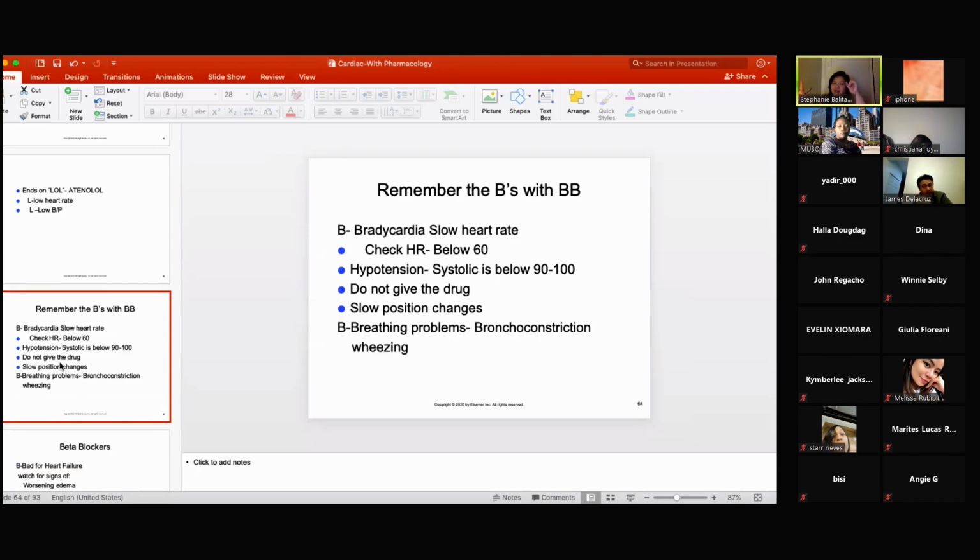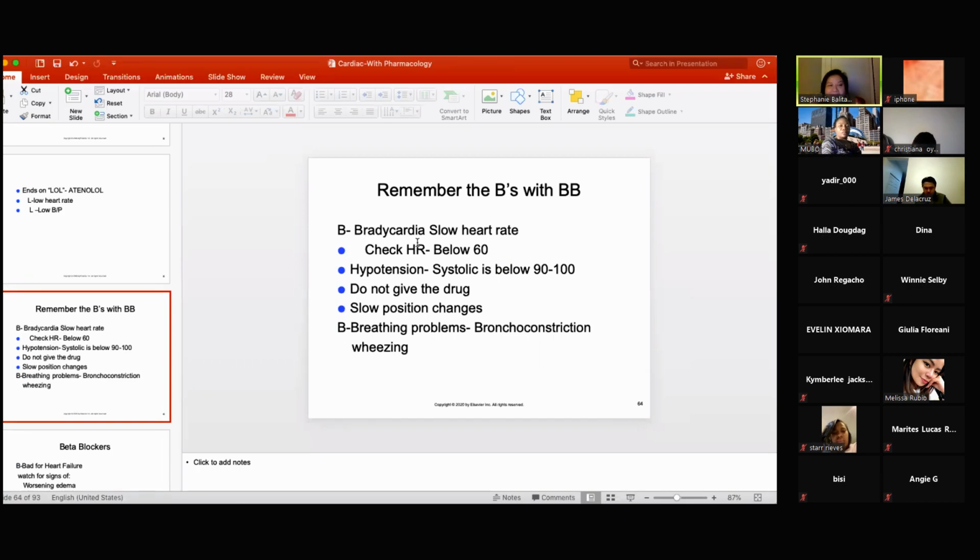It means low heart rate and low BP. So before you give, remember the B's with your beta blockers. First, bradycardia, slow heart rate.